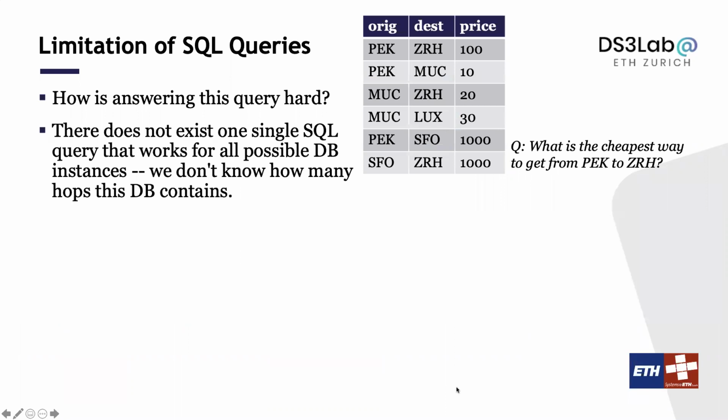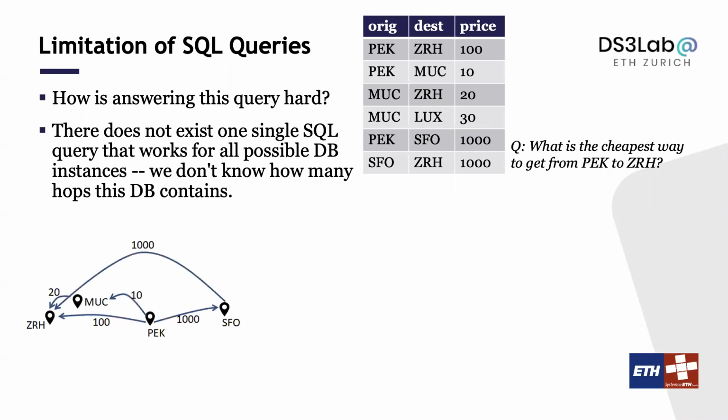So let's look at another example. Here's an example of a database containing all the flight information. I have the origin and the destination, meaning that there's one flight from this city to this city. This is the price of the flight ticket. If you think about what type of information you are storing in this database, you're actually putting together a graph. Whenever you have one tuple inside this relation, you essentially have one edge in the graph.